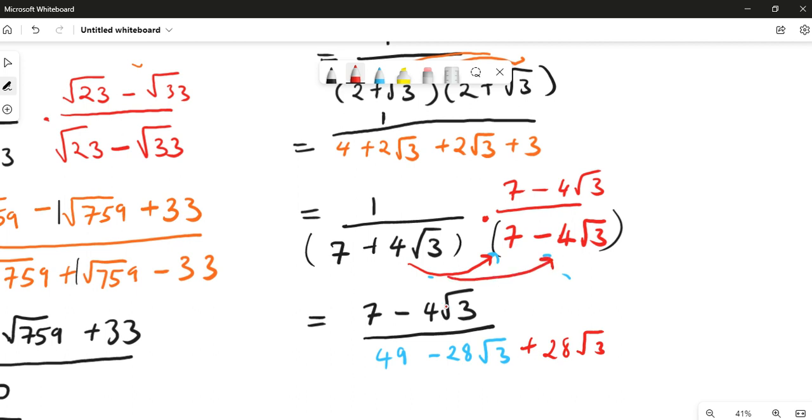Then 4 square root of 3 times negative 4 square root of 3: so 4 times 4 is 16. Now remember, the square root of 3 times the square root of 3 is 3. So 16 times 3 is 48. So we're going to get minus 48.